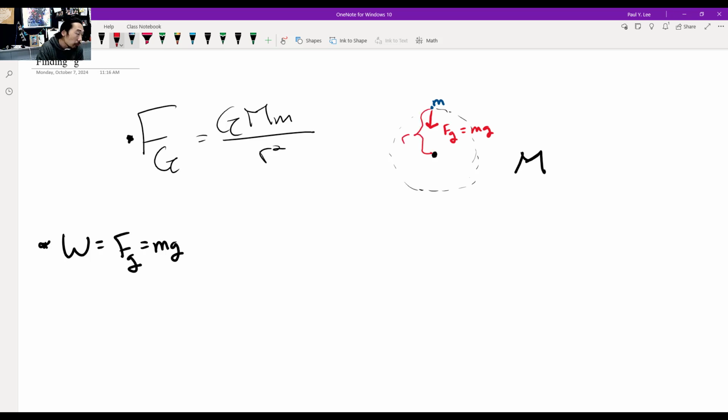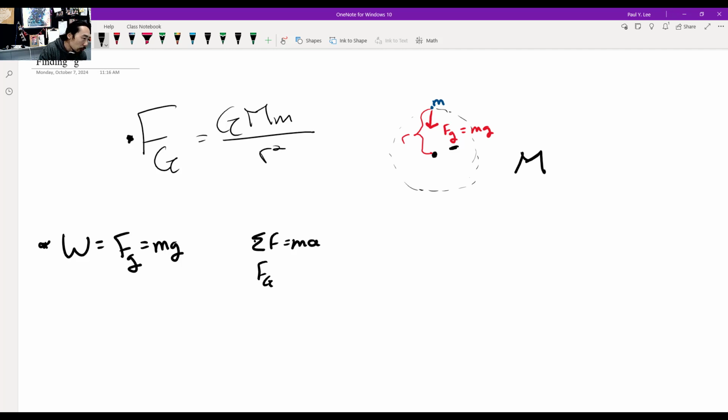So this is r. But if we substitute that formula into the net force formula, F is equal to ma, we know that the only force acting on you is F of g.